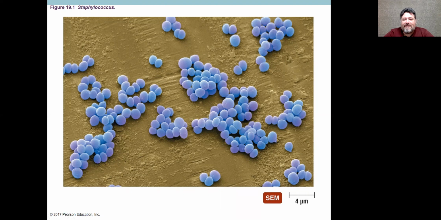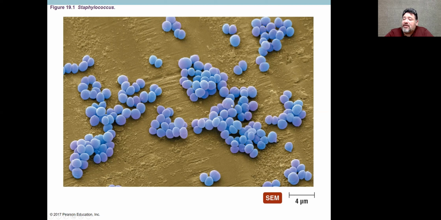So staph means that the organism grows in clusters. In fact, it's supposed to be Greek for a cluster of grapes. Okay. Then we have the linking vowel O, and then we have coccus, which means spherical. Okay, so as you can see in this picture, this looks like a little bunch of grapes. Okay, so that's your staph, and it is in fact spherical in shape.